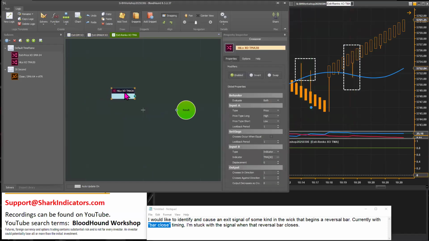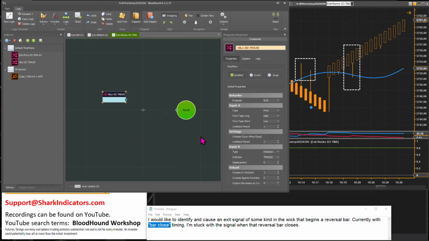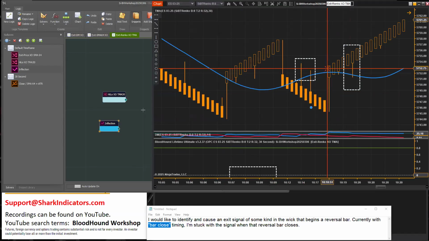All right, let's just put that up there. So instead, what I'm going to do is identify these reversal bars.